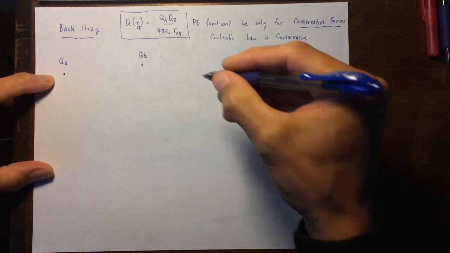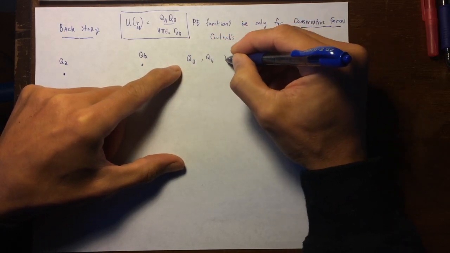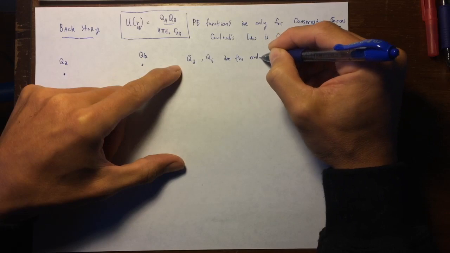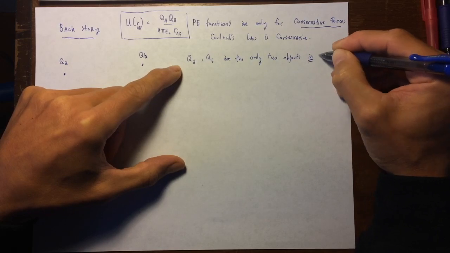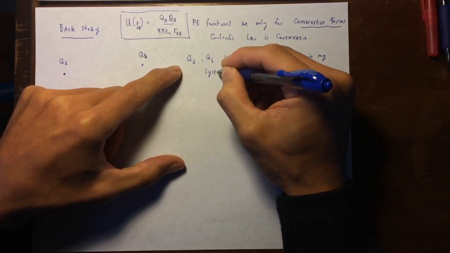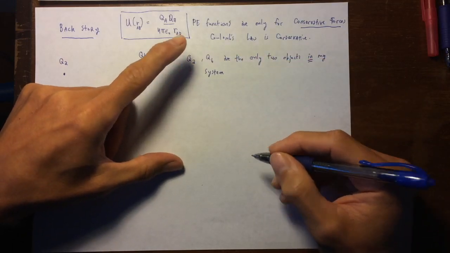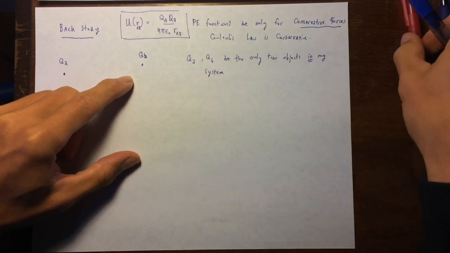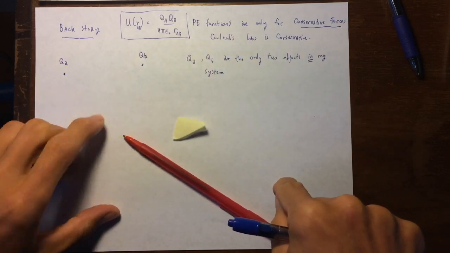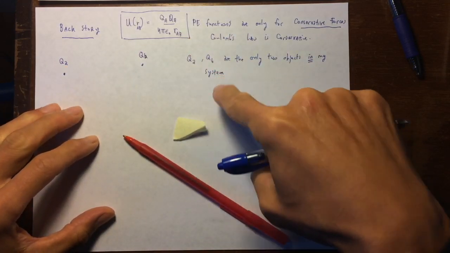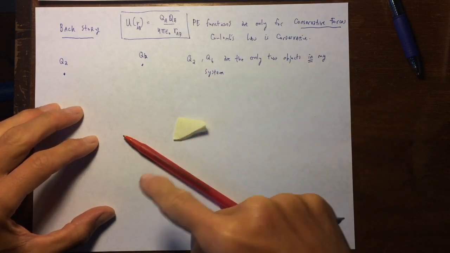Okay, so QA and QB are the only two objects in my system of my thought experiment, right? So in my thought experiment, there may be a red pen and a piece of paper also close by, but I don't want to think about these two things as part of my system. I'm going to consider these two things external to my system.